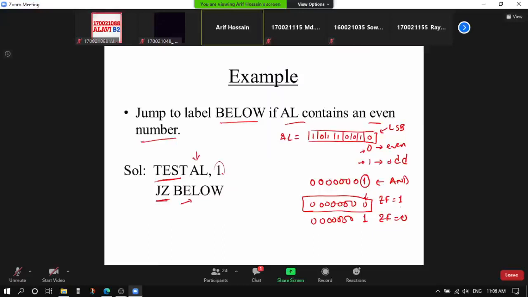This 1, if you do not provide anything, is in decimal. If you convert this 1 into binary, you will get 7 zeros first and then 1. So this is basically your 1.